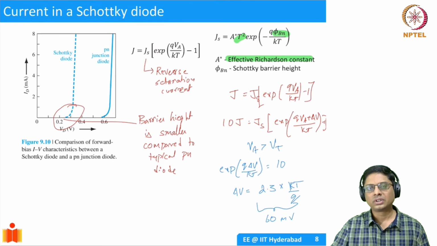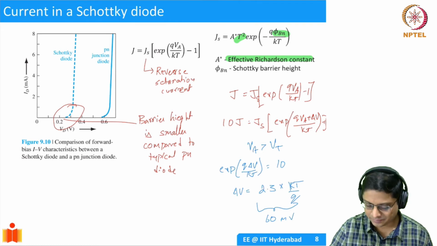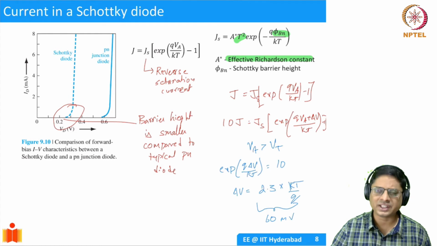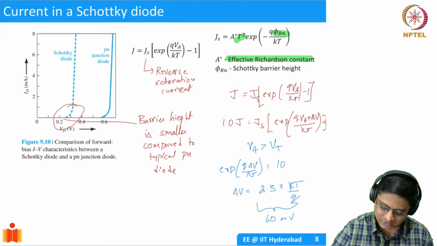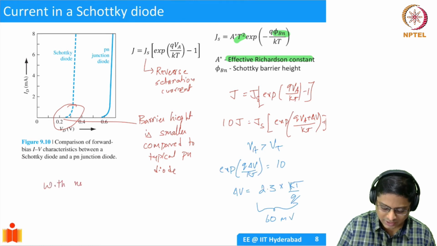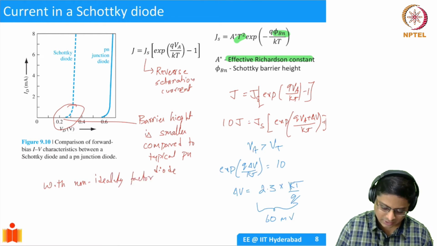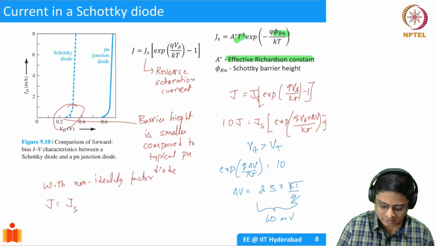So this is a very interesting number actually. It turns out that for the various devices, if you take the non-idealities into account, we can put a non-ideality factor into your current. With the non-ideality factor, let's say J is going to be Js exponential qV applied by nkT minus 1.